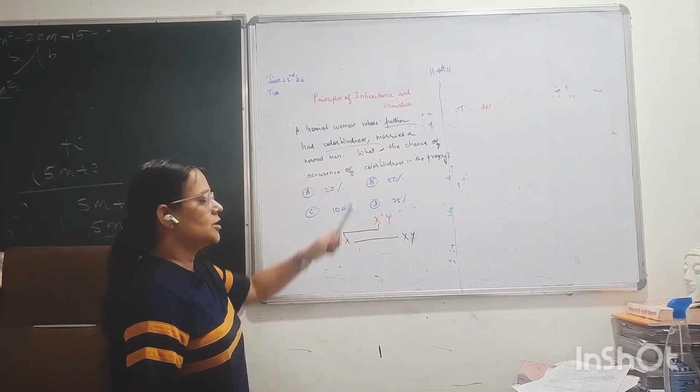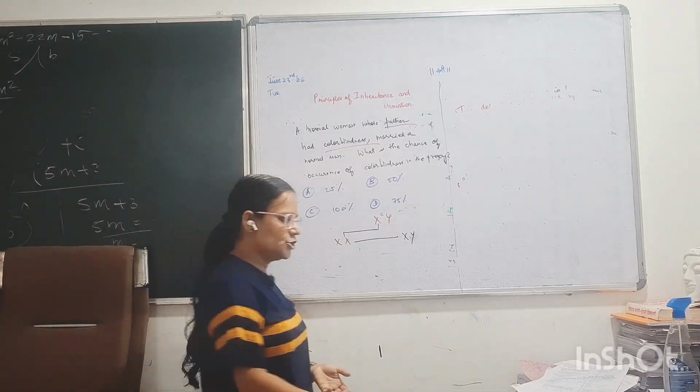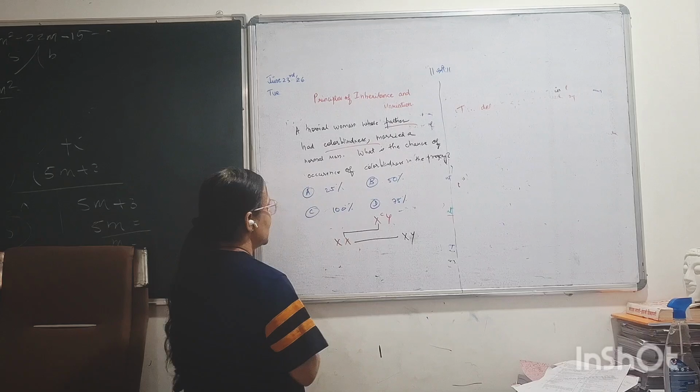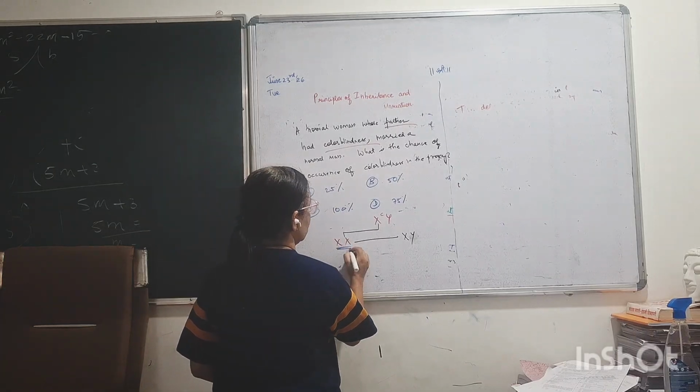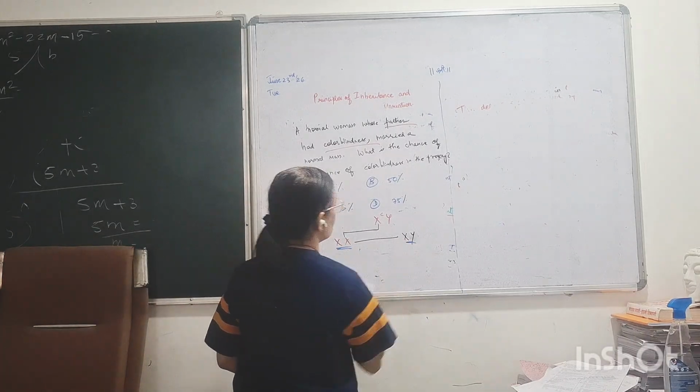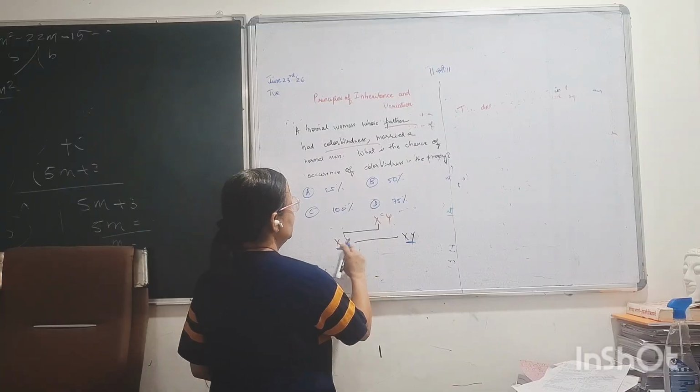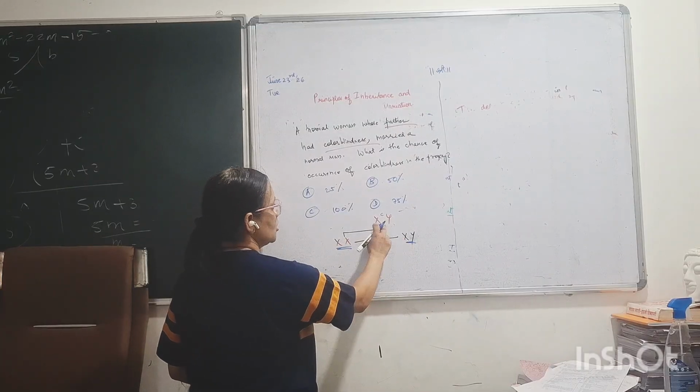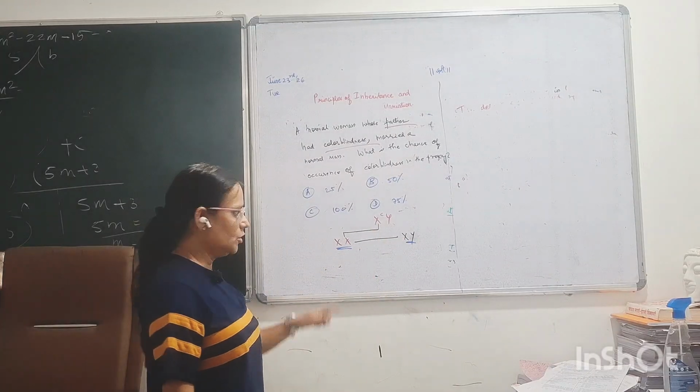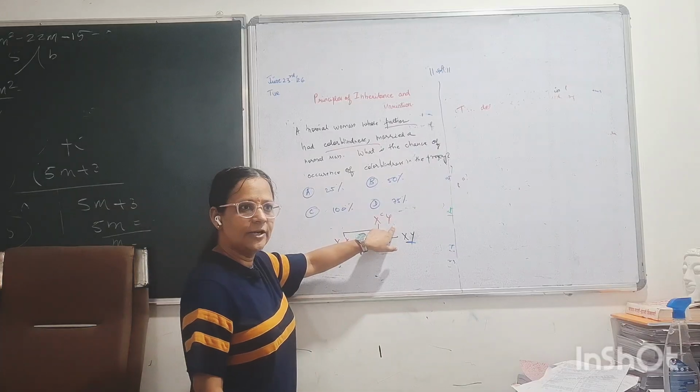What is the chance of occurrence of color blindness in the progeny? So the woman is normal, right? And her father was color blind, meaning he is XcY, the father of this daughter. She married a normal man. So you are going to find out, this is a normal woman and she married a normal man, but she had a color blind father.